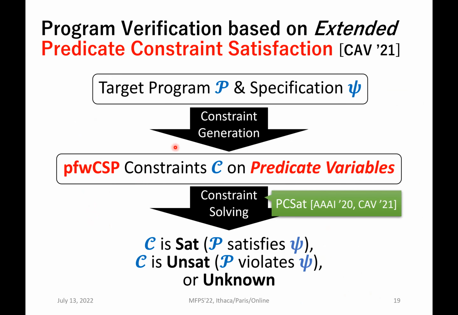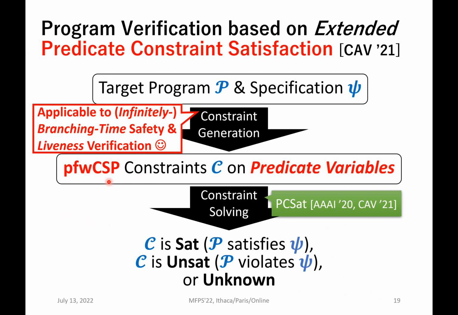So we further extend the class of PCSP to the class we call PFWCSP, so that we can apply the approach to infinitely branching time safety as well as liveness verification.